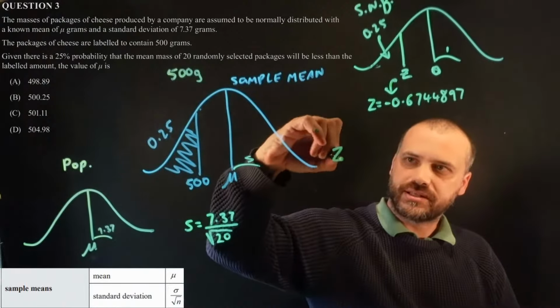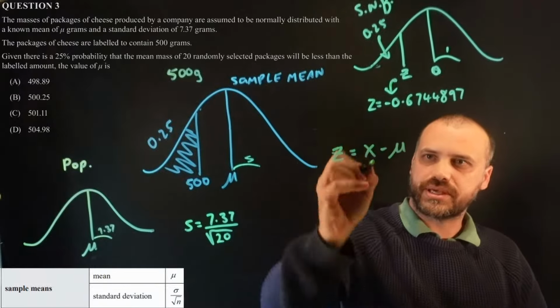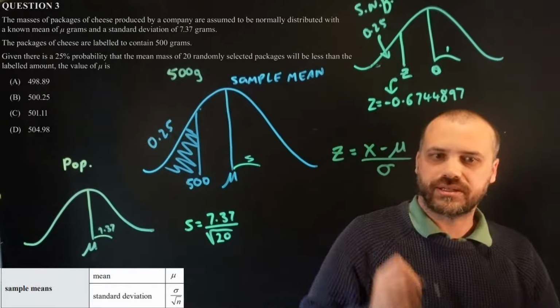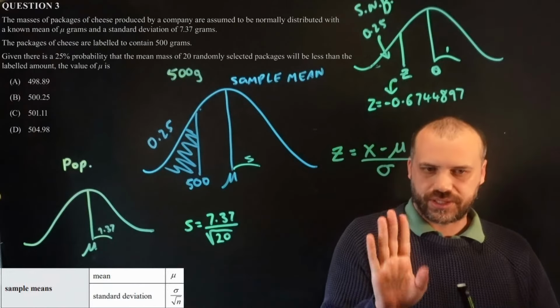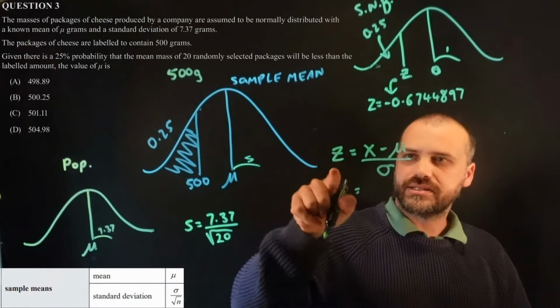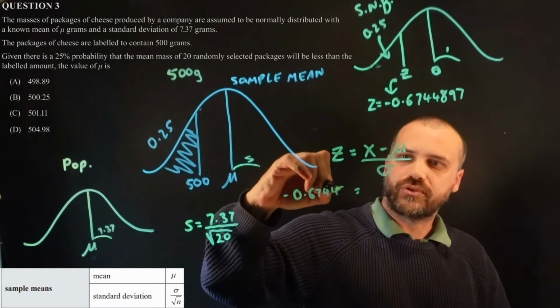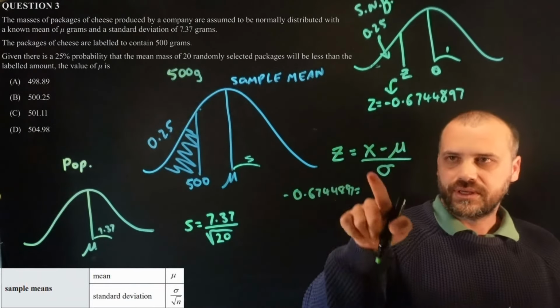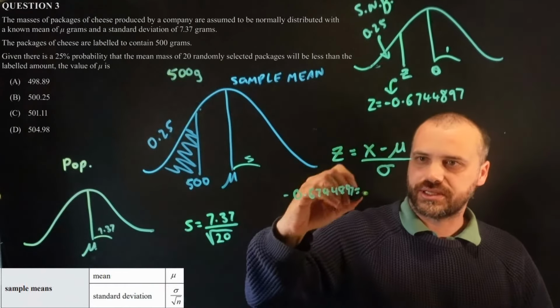So now that I have a z-score, I'm pretty close. Because now I can say that the z-score is equal to the score minus the mean over the standard deviation. But we need to be a little bit careful with what we put into here. The z-score is negative 0.6744897. The score that we're interested in, the one the z-score is matching up with, is 500.